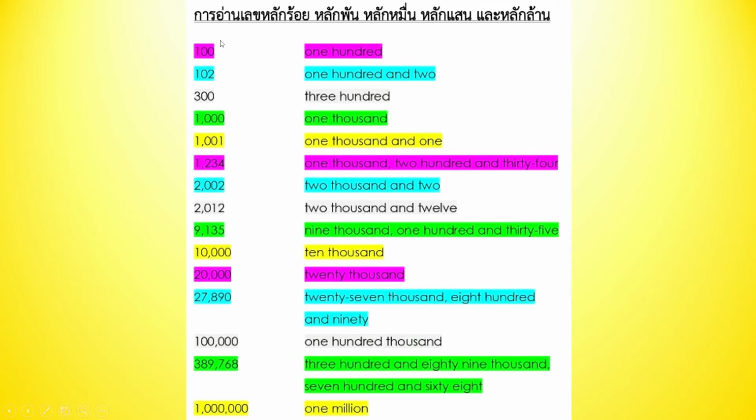How to read these numbers? Okay, for the first one, this number in the purple one, we can read 100. Next, the second one, the blue one, you can say 102.